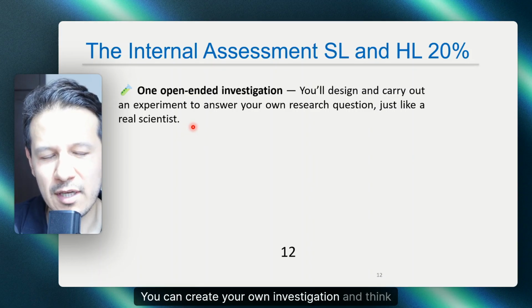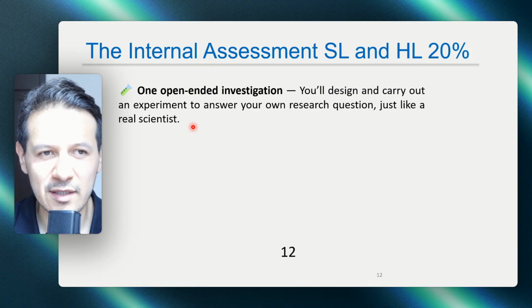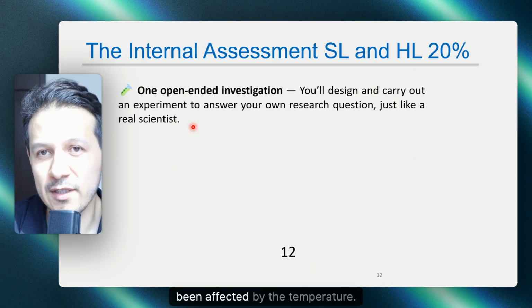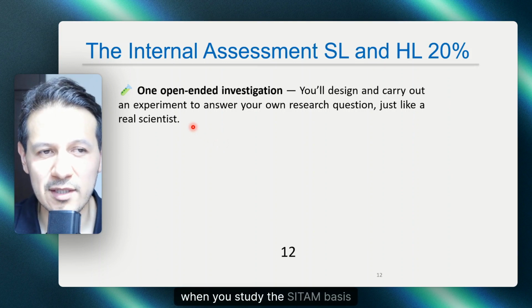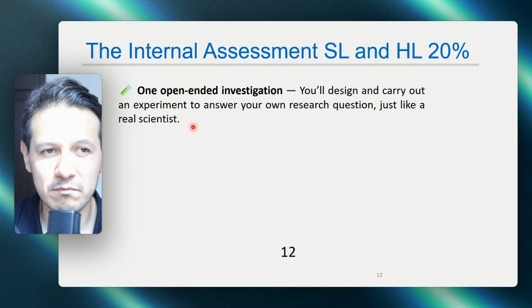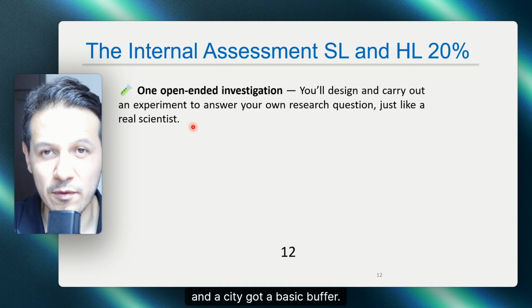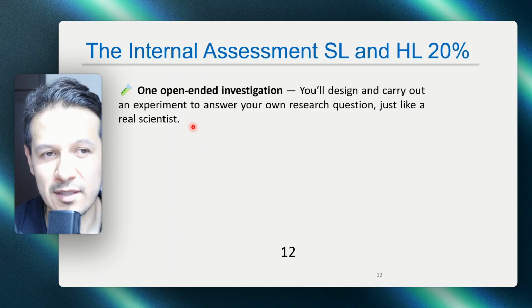your own investigation and think, how could the temperature affect the voltage? Maybe it's being affected by the temperature. Maybe when you studied acids and bases and buffers, you want to test how a buffer works, an acidic buffer or a basic buffer. So maybe you want to develop an investigation about that.